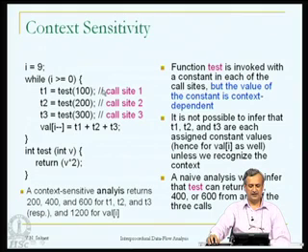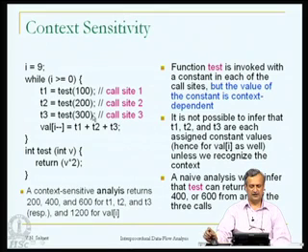In other words, if it is from call site 1, then the value is 100, otherwise from 2 it is 200 and from 3 it is 300. So, it is not possible to infer that t1, t2 and t3 are each assigned constant values, hence for val[i] as well, unless we recognize the context, that is the call site from which the call is made. So, a very naive analysis would infer that test can return 200, 400 or 600 from any of the 3 calls.